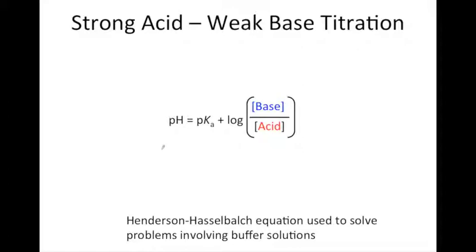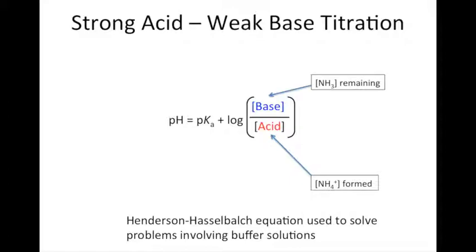Here's the equation. Our ratio here is the concentration of base over acid. Our acid is going to be the concentration of the ammonium that has formed up to this point. Our base concentration is the concentration of the ammonia that's remaining, not initial, but remaining.